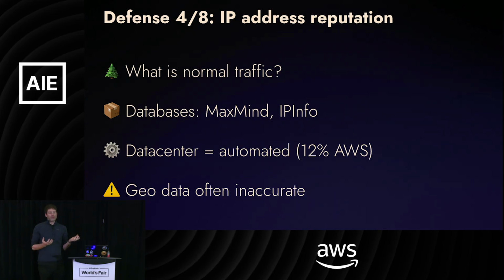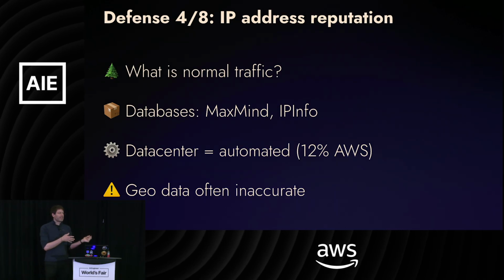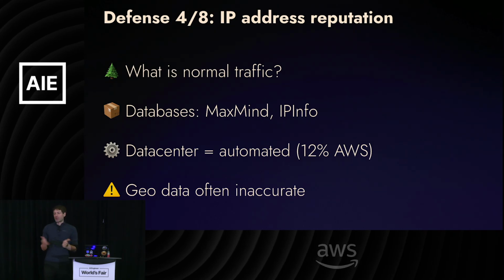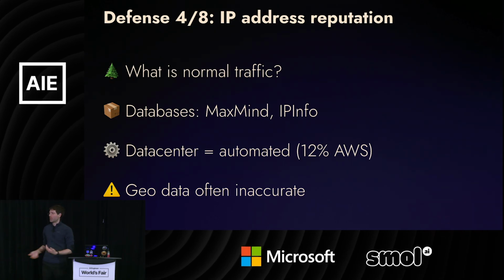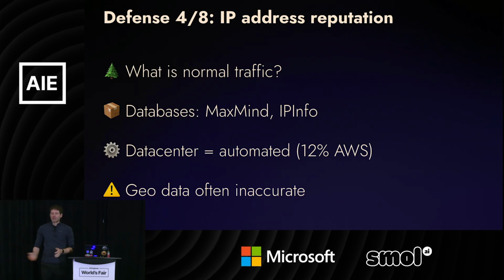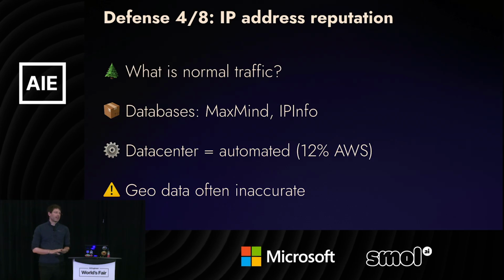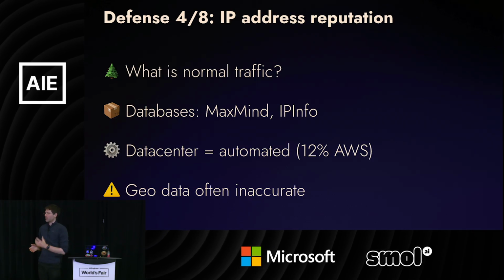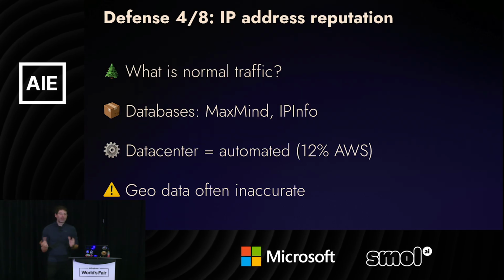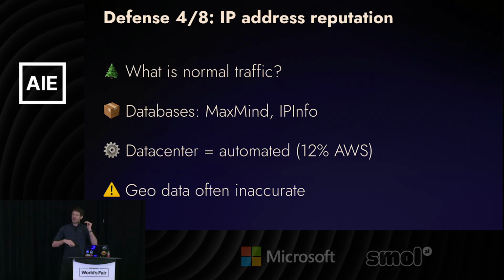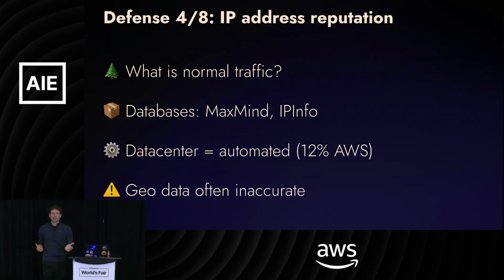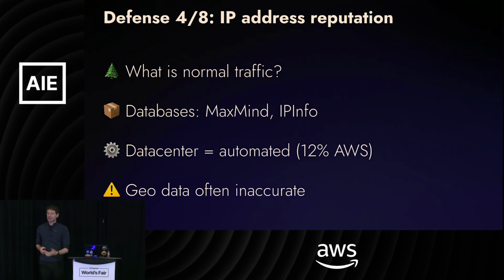And also, even when the database is saying that the IP address is coming from a residential network, there are proxy services that you can just buy access to, which will route your traffic through those residential networks to appear like it's coming from a home ISP or a mobile device. So you can't always trust these, and you have to build up signals and build your own database to understand where this traffic is coming from and what the likelihood is that it's an automated client.